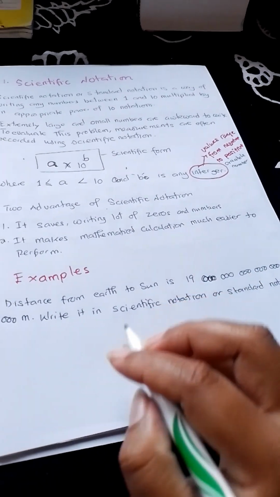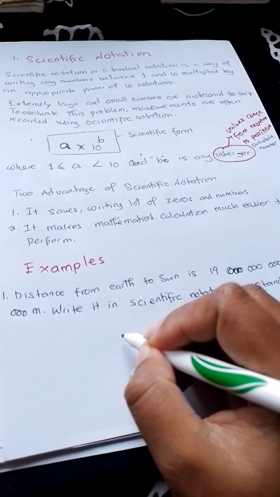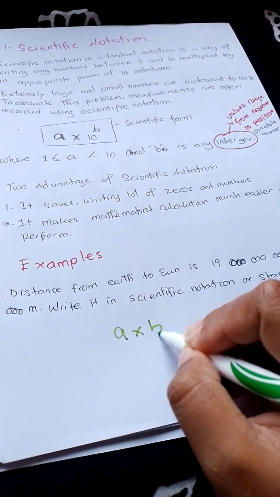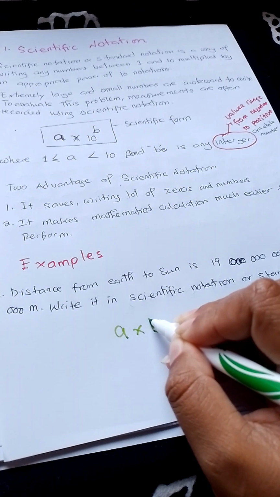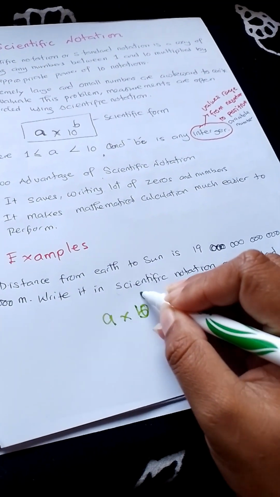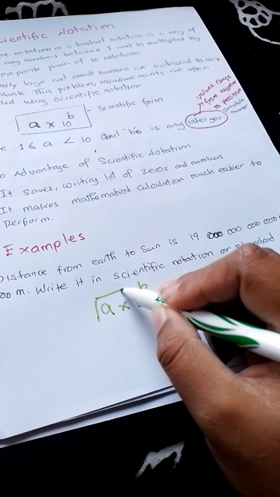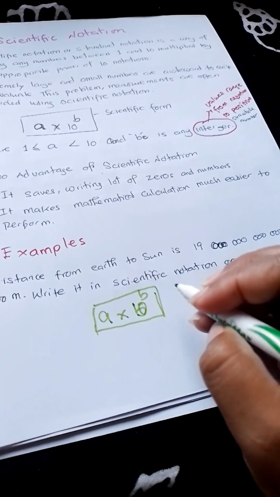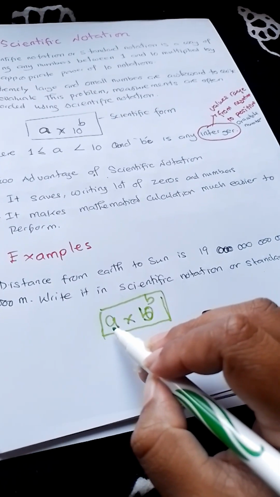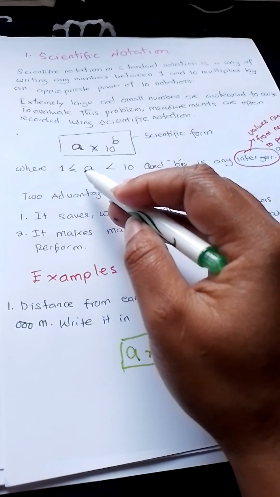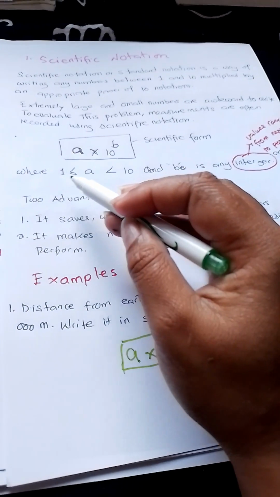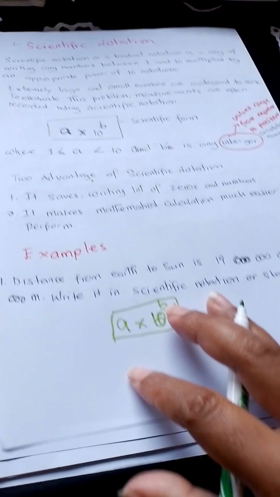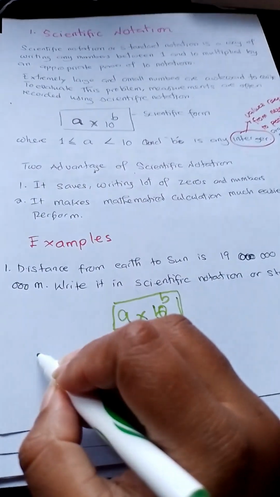The general rule is a times 10 to the power of b, where a must be greater than or equal to 1 and less than 10, and b is any integer. So now we have to write this number.